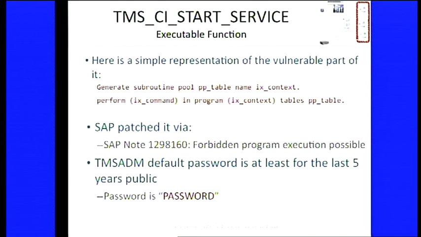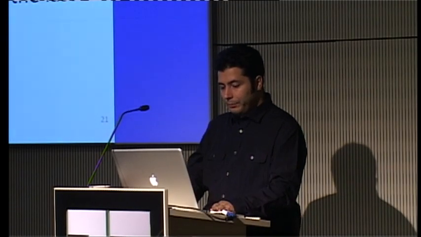So this is the representation of the vulnerable part. GENERATE SUBROUTINE POOL, PP table, name, AX context. And there's a PERFORM here, which lets those source code lines and the form inside it execute. SAP patched it with a patch more than a year ago.